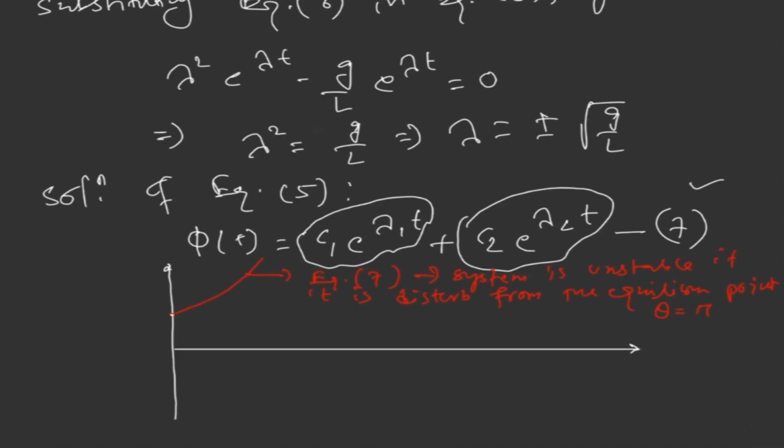Now, if you look at the equation number 7, and if you start from the same initial conditions, the system will evolve like this, something like this. So why is it happening so?